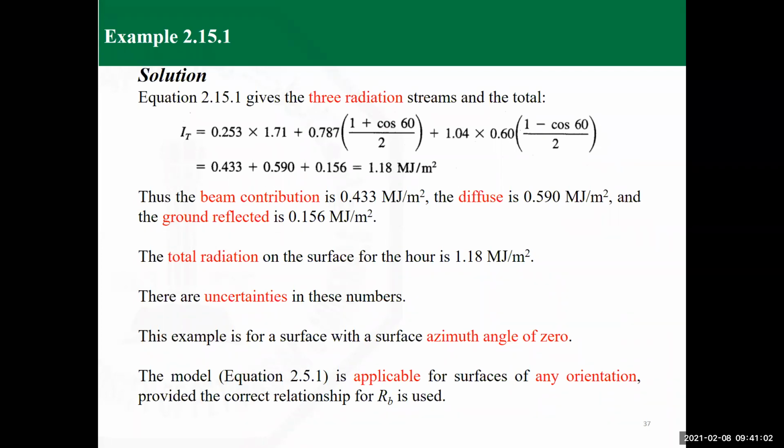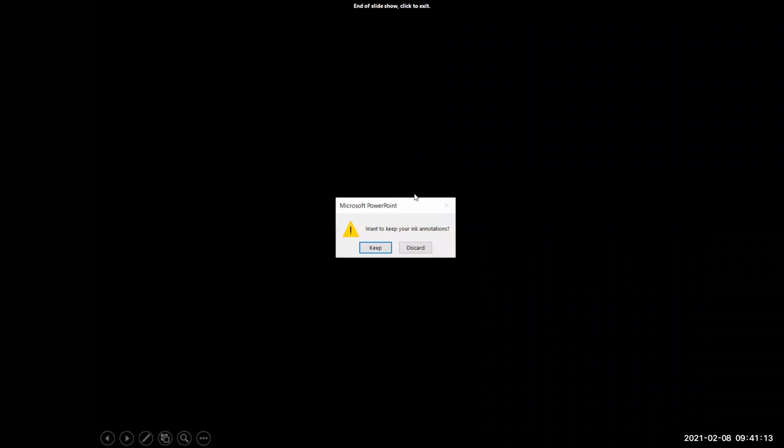This model is, however, applicable to any orientation as long as you are able to calculate the value of RB correctly. That takes care of this part, where we looked at the diffuse component of the radiation simplified by the isotropic model.